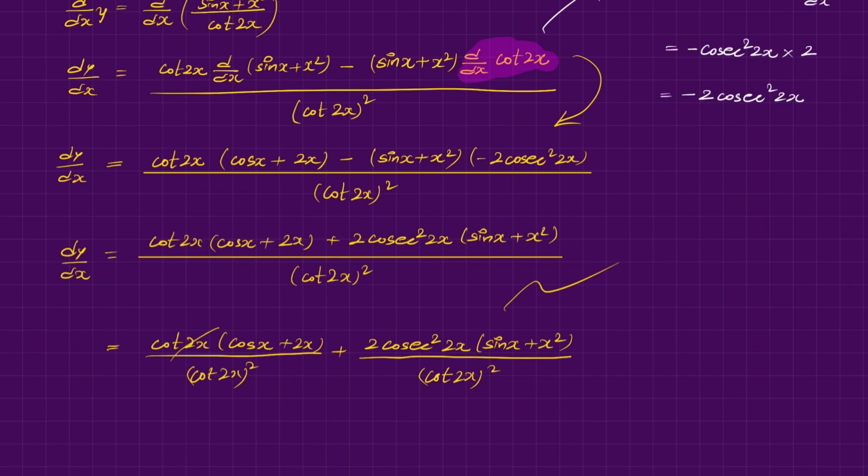Obviously here cot 2x and this square will get cancelled, so this can be written as (cos x + 2x) divided by cot 2x, plus 2.